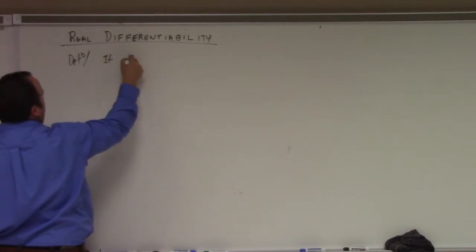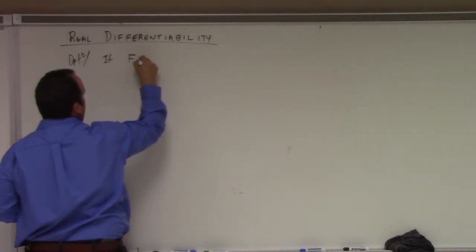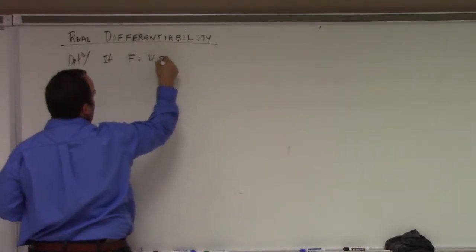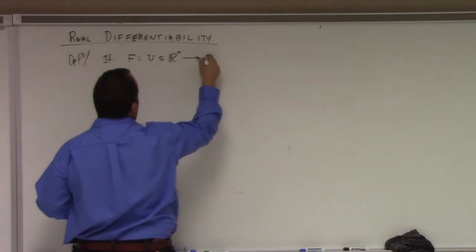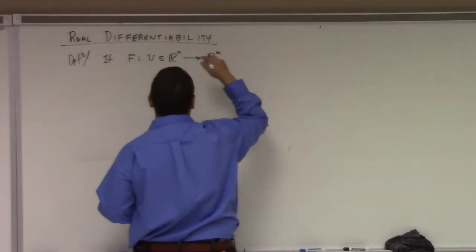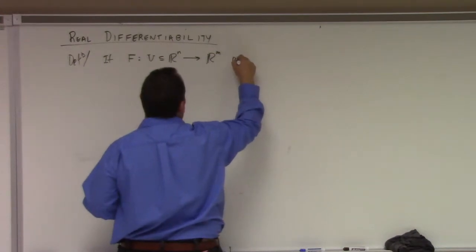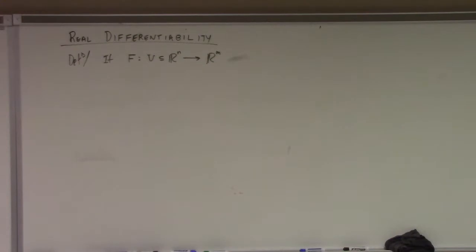If F is a mapping from, let's say, U, which is a subset of R^n, to R^m, all right? And, well, let me try to actually write down what I wrote in the notes. So if that's a function, we say that f is differentiable at a in U.